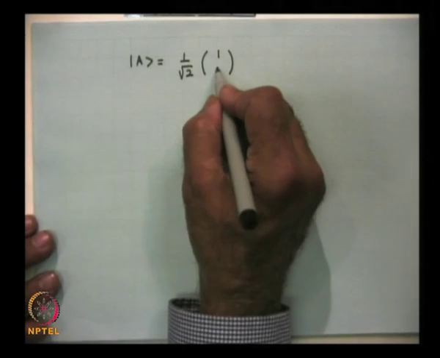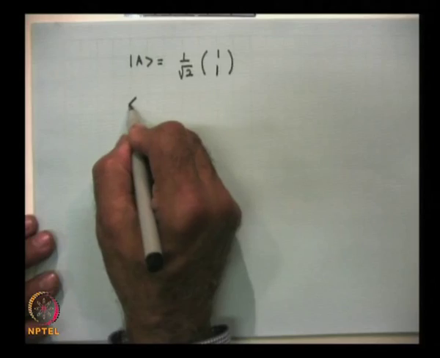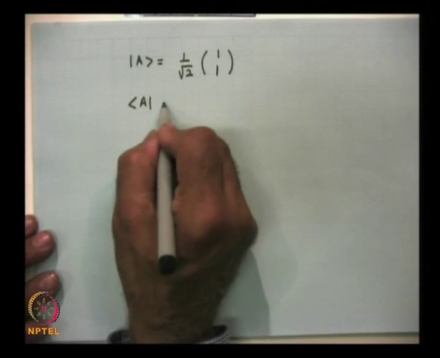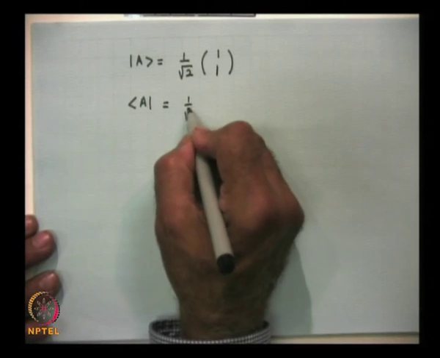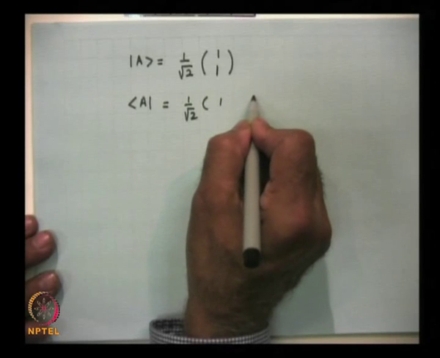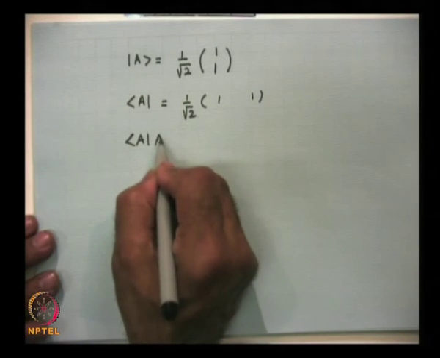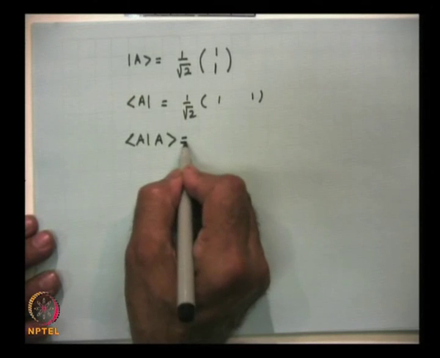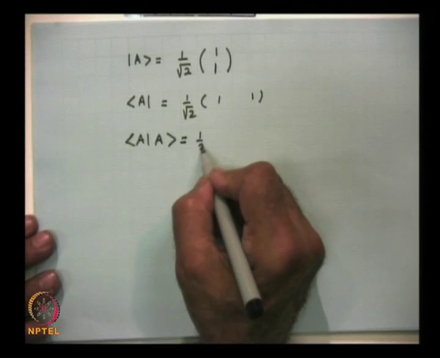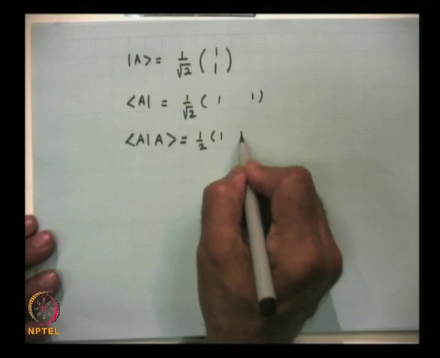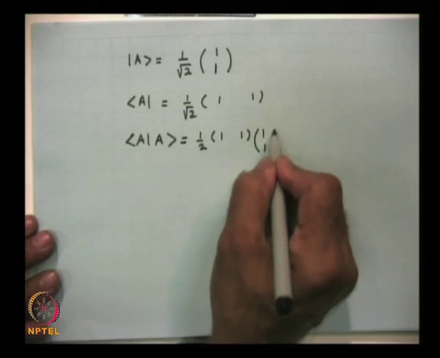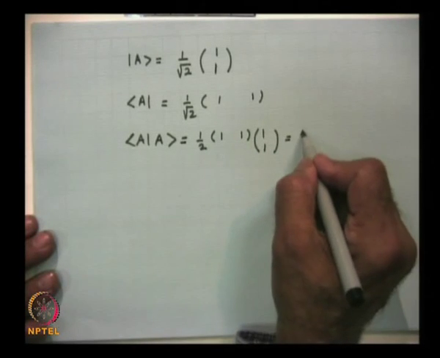So, these are both real numbers. So, bra A is equal to 1 over root 2 times 1 1. So, bra A ket A will be 1 over 2 times 1 1 1 1. So, that is 2 and that is 1.